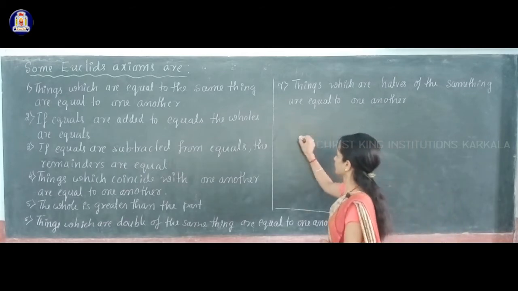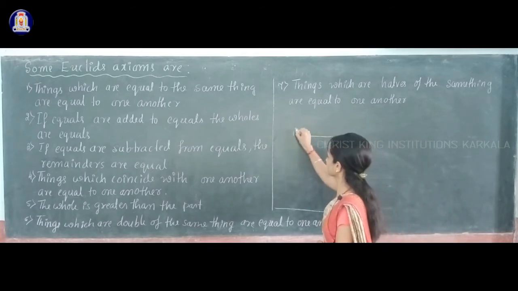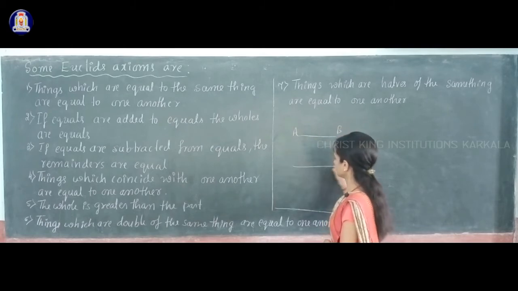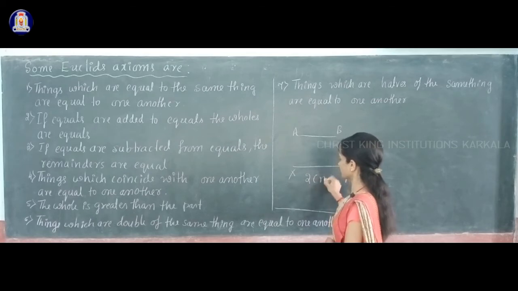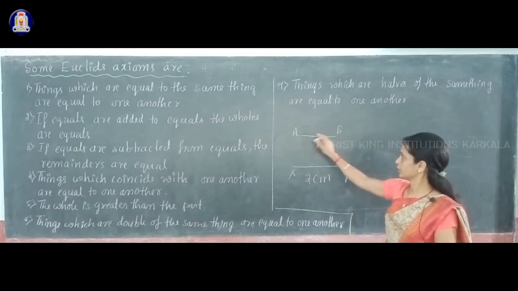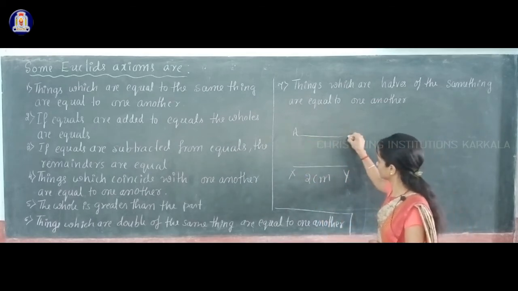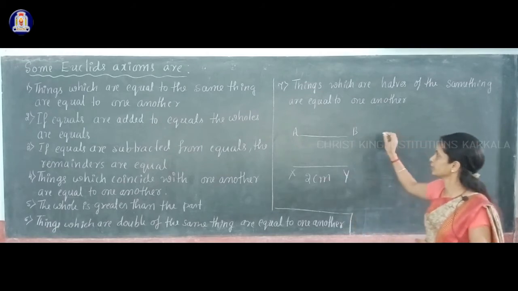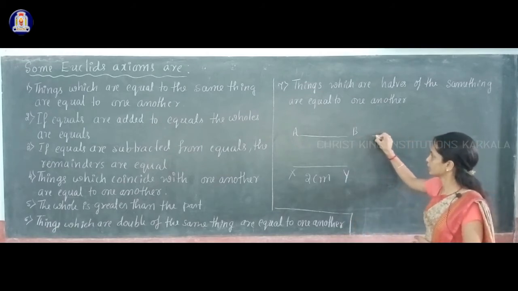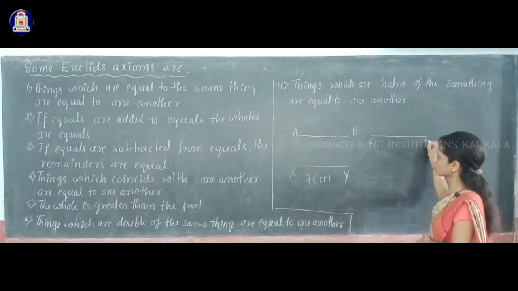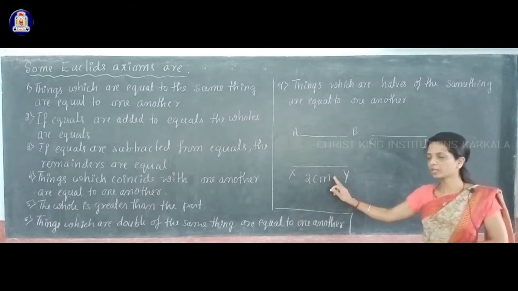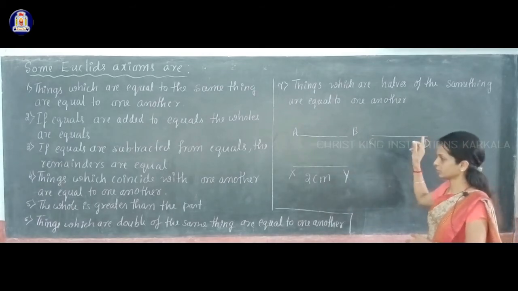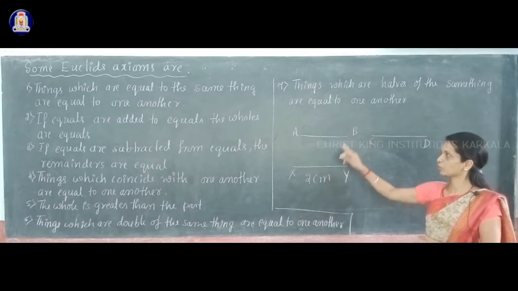I will take a line AB which is equal to the line XY, of length 2 centimeter, for example. And I will take one more line CD which is also equal to the same line XY, that is, of 2 centimeter.